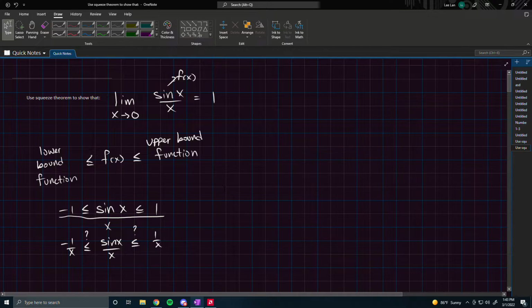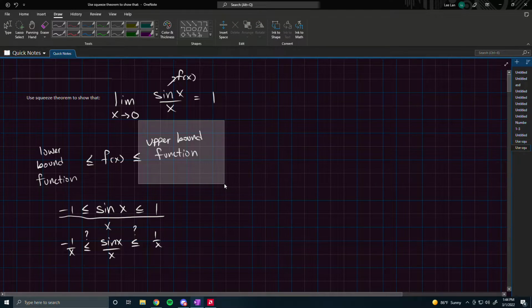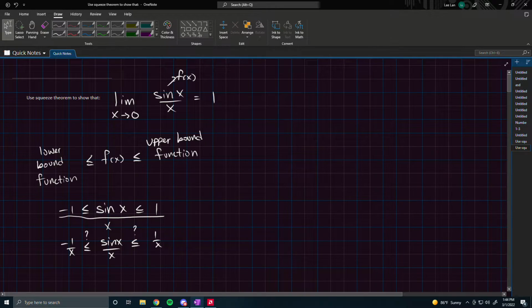Similar idea, we have to generate some lower bound function and an upper bound function, and we have to look at whether this is true. In order to do that, we have to compare areas by using geometry.